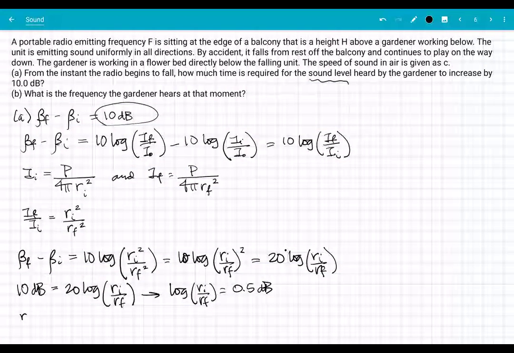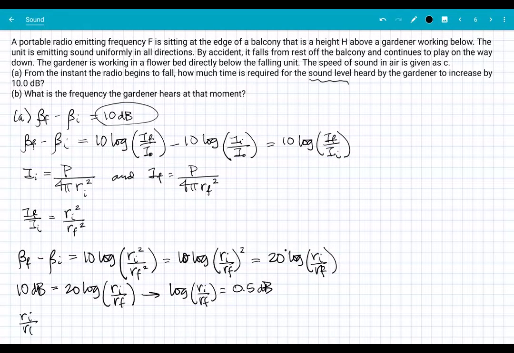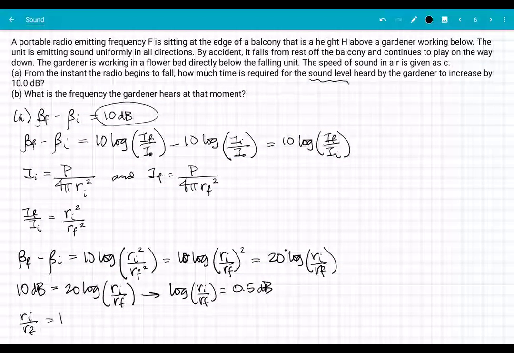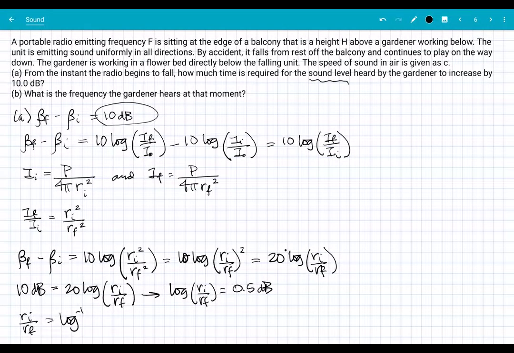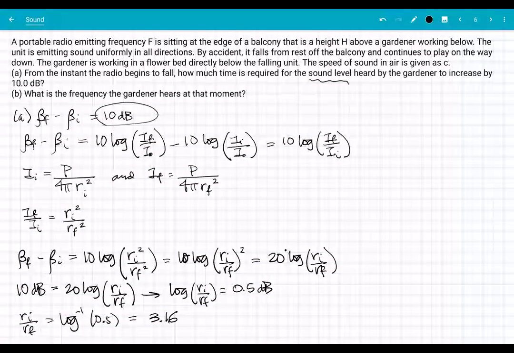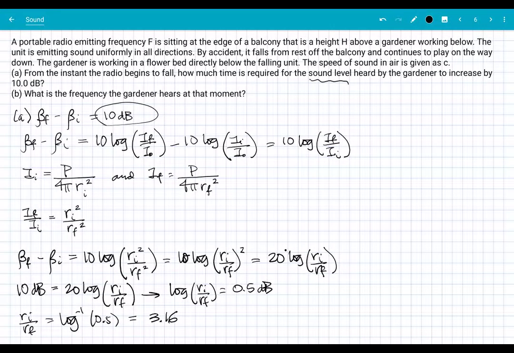And that allows me to solve for this ratio, r initial over r final equals the inverse log of 0.5, which gives me 3.16. Okay, so this is just a ratio between the two, right? Like we don't know how high this balcony is, any of this stuff, but we can figure this out proportionally, which is kind of cool.